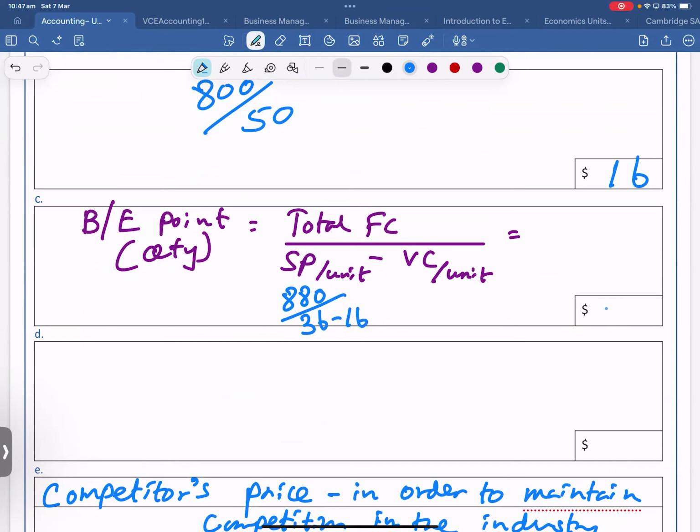So 44. It should be 44 units, not the dollar mark.